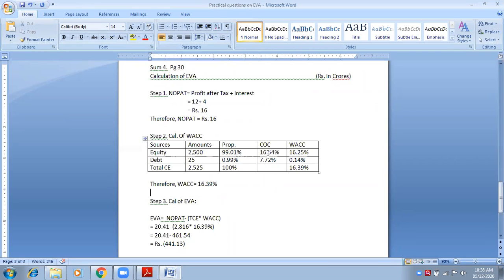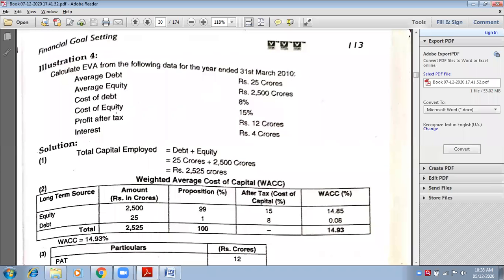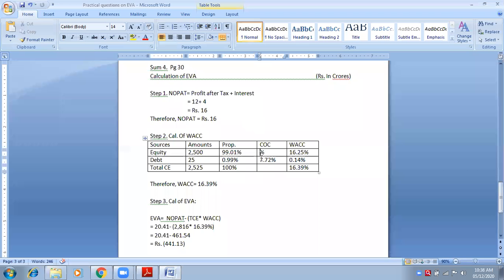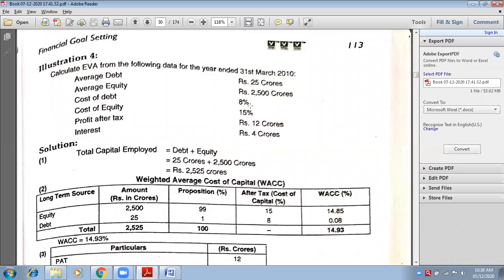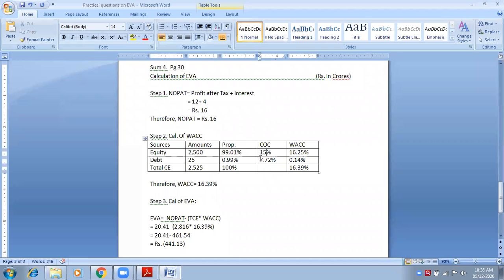Okay. Now, can you tell me what is the cost of capital? Is it given in the question? Yes, definitely it is given in the question. Cost of equity is 15%. So here you will write 15. And cost of debt is 8%. So here you will write 8. So what is my WACC? First is 99.01 into 15 percentage. Ma'am, 14.85. 14.85. Okay. And what is for debt? 0.99 into 8 percentage.